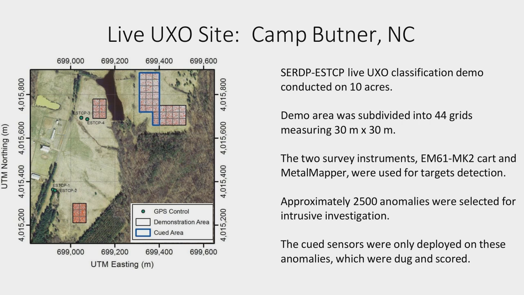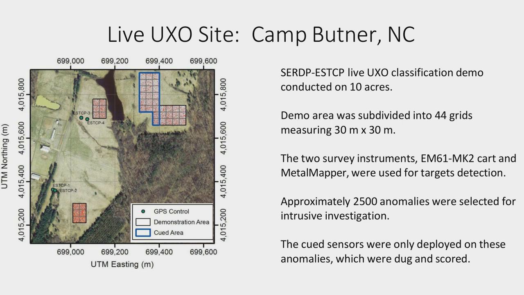So this technology was developed over more than 20 years, and was tested on actual live UXO sites. Projects were developed under SERDP and ESTCP. SERDP stands for Strategic Environmental Research and Development Program, and ESTCP is the Environmental Security Technology Certification Program.